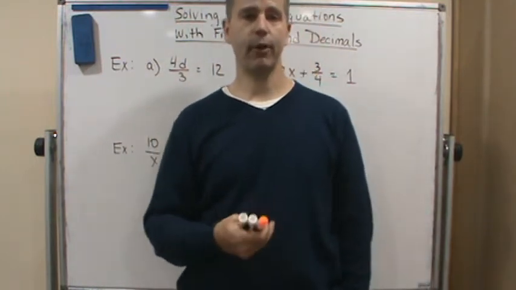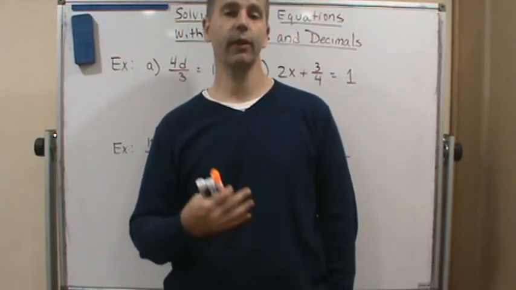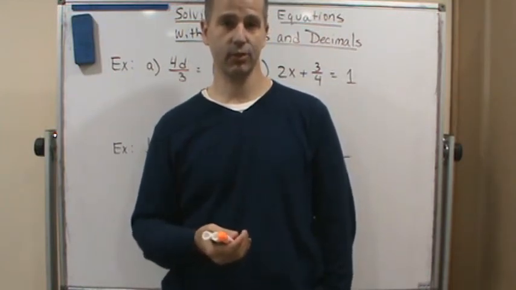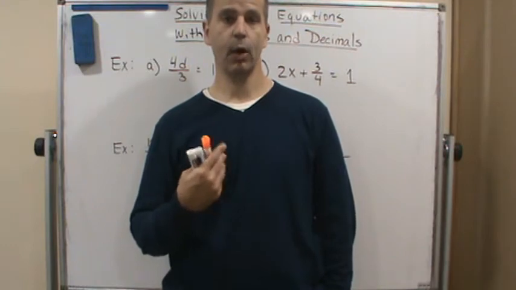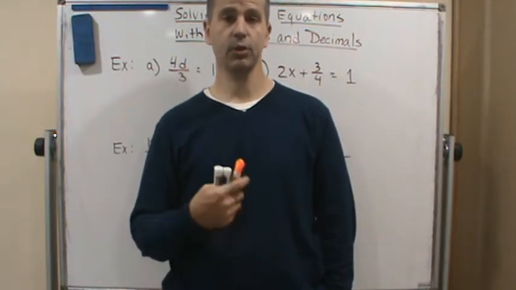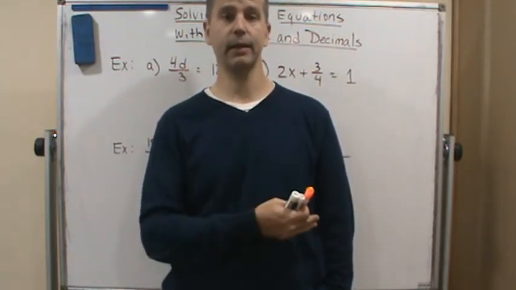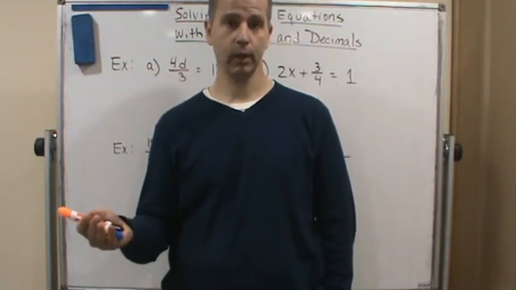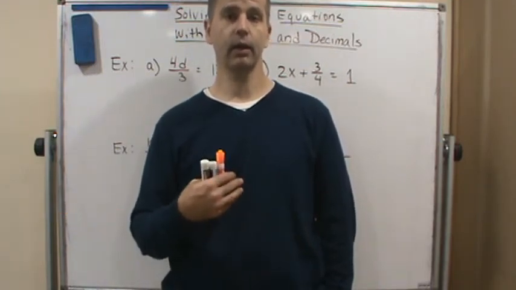When we have fractions, like I said in an earlier video, one of the techniques that is often used to simplify things is to get rid of the fractions by multiplying everything by the number in the denominator.